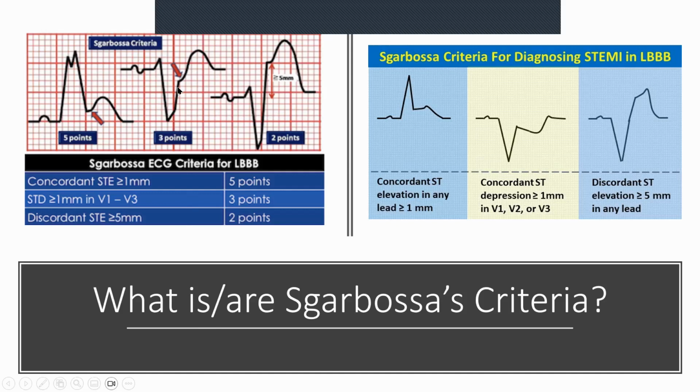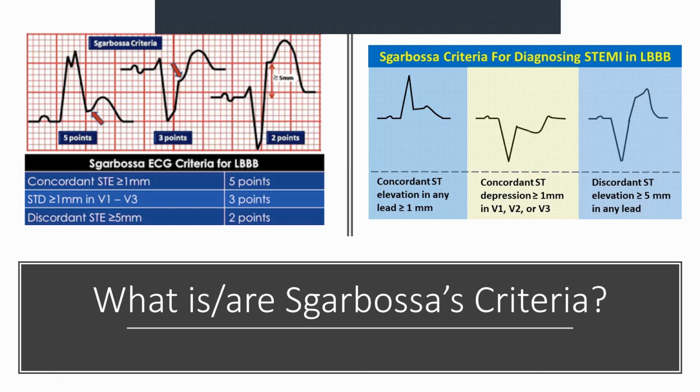If your QRS is inverted and your ST is below, or is also down, that's also bad. So up is bad, down is bad. Up-down, like what we have here, is not as bad unless it's above one big block. Okay, so this is the easiest way to understand a left bundle branch block and the chances of an acute myocardial infarction.